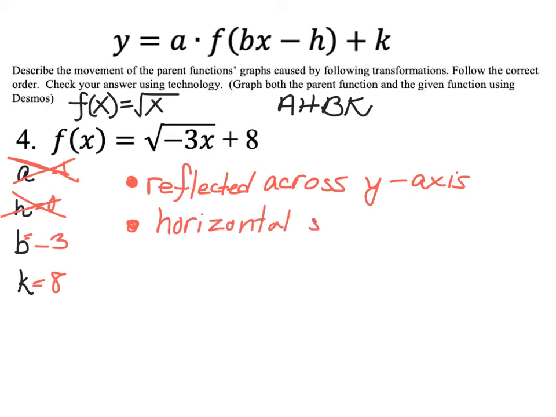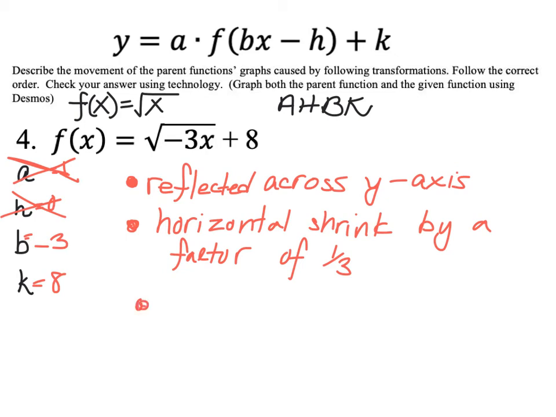So this is a horizontal shrink or compression by a factor of, do the reciprocal, by a factor of 1/3. Which would mean you would actually multiply your x values by 1/3 if you were finding this by hand. And then my k value, off in the end, means it shifts up 8.